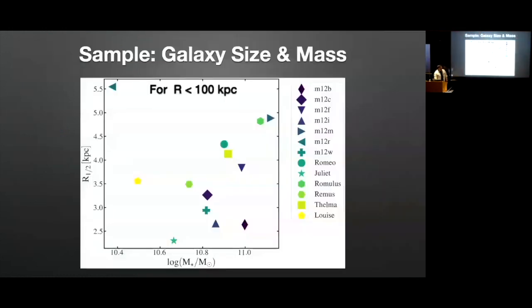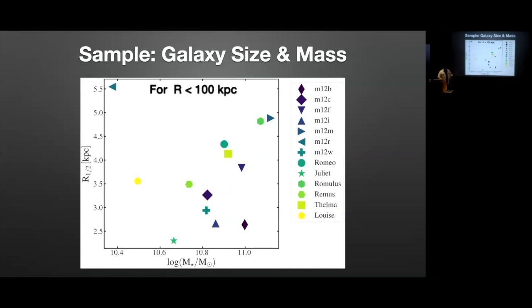Just to show you all what we're working with, I'm plotting the half mass radius as a function of the stellar mass for all of the stars within 100 kpc. We just chose 100 kpc so it encompasses the galaxy for pretty much all of these runs.